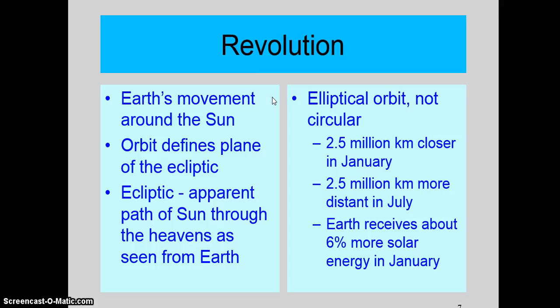Interestingly enough, of course, the Greeks knew that the Earth was round. That was perfectly acceptable. They could tell that several ways. One was the fact that the further north you moved, the higher in the sky the North Star was.